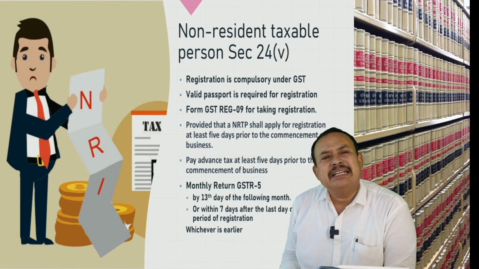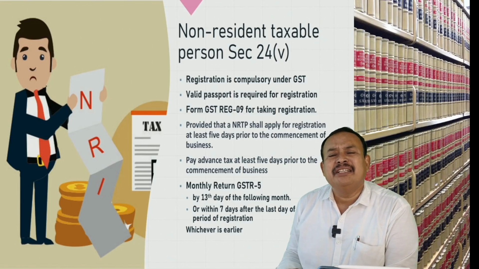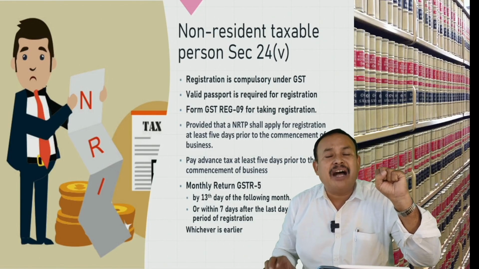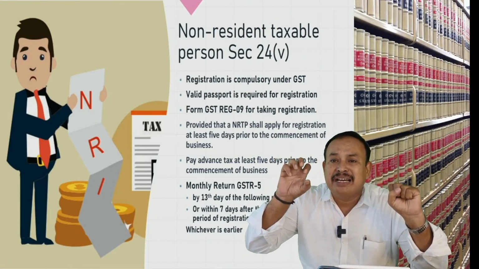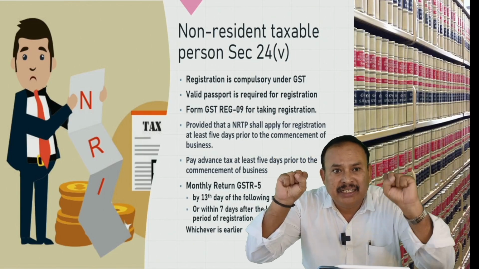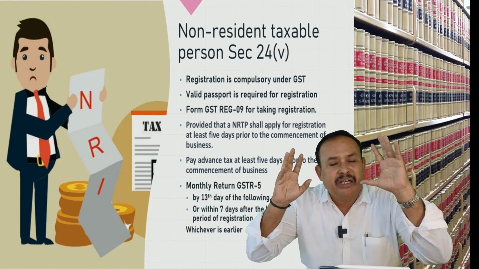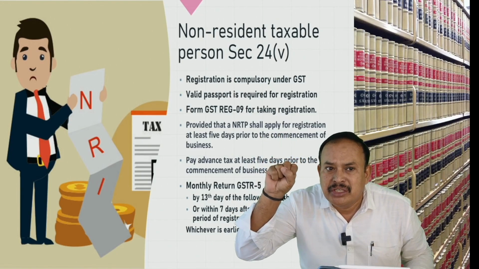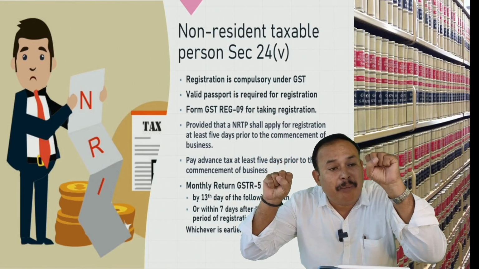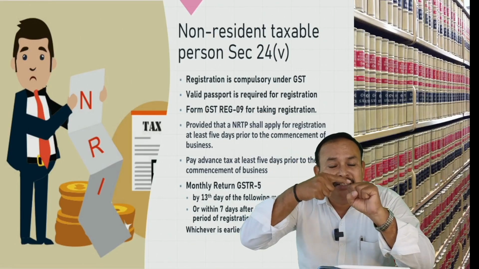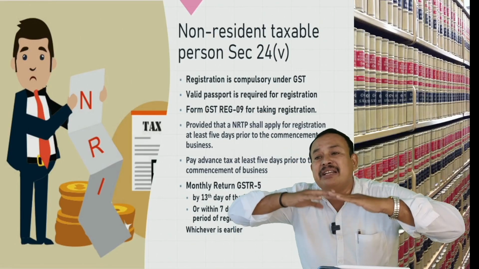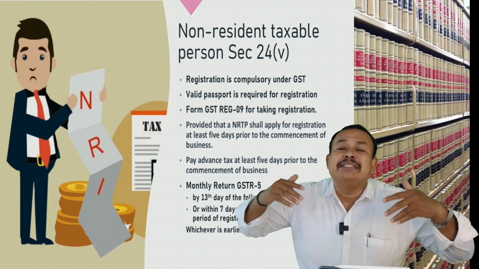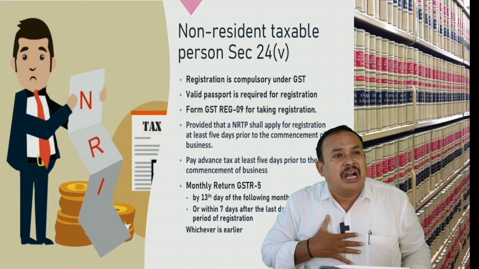How long is his registration valid? For a period of 90 days or the period for which registration is sought, whichever is earlier. Example: the period for which registration is sought is 120 days, or 90 days from the date of registration, whichever is earlier. Within 90 days, his registration will get cancelled. After 90 days, it will expire. That means the registration disappears. No, sir, I want to extend it.